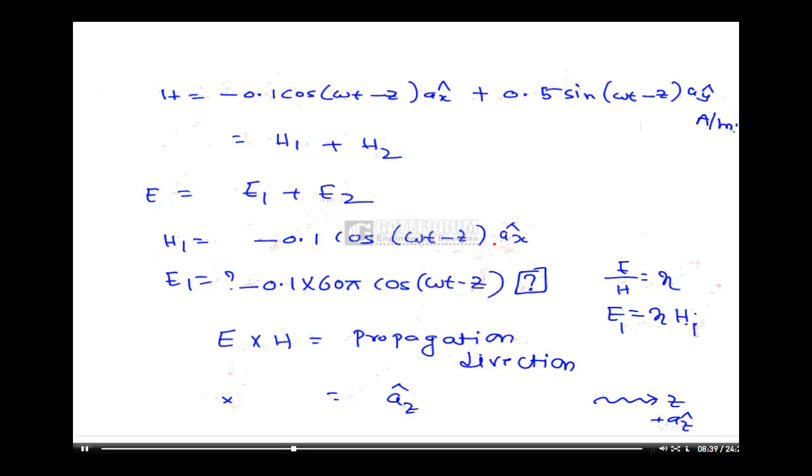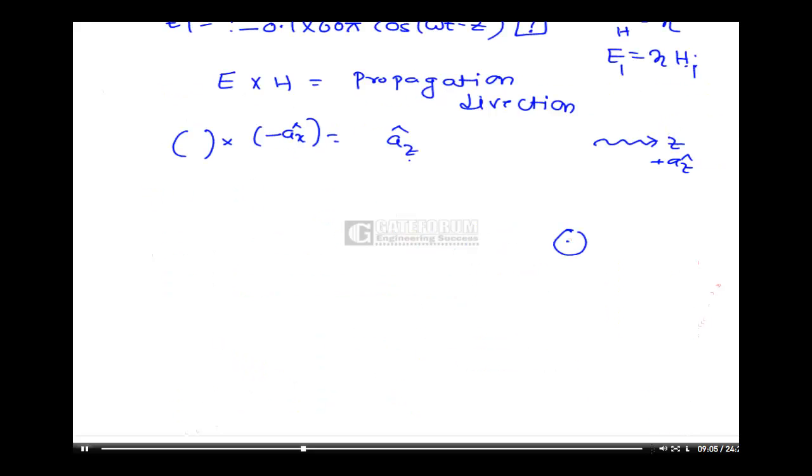So for H we have to consider minus Ax, not only Ax. Whenever there is a minus, consider it for direction, not for the amplitude. So what is the direction for E so that I can get Az? If you follow the right-handed convention, this is X, this is Y, this is Z, and I have to get Az.